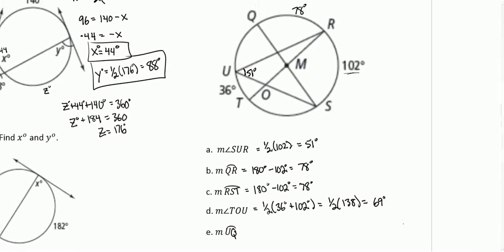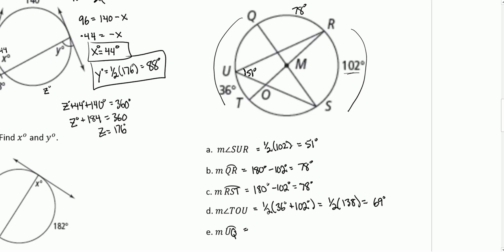And lastly, we want the measure of UQ. Well, we know that TQ is going to be the same as RS because RT and QS are both diameters, and they're going through the center of the circle.